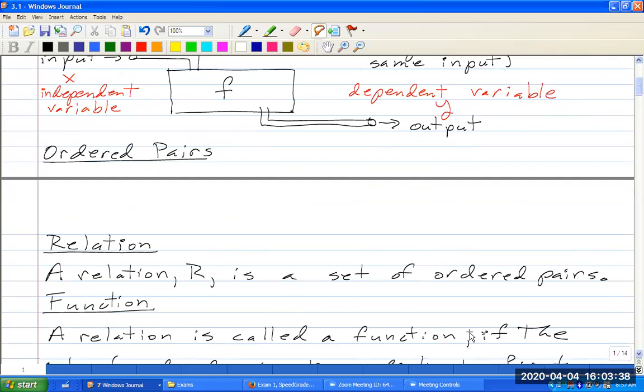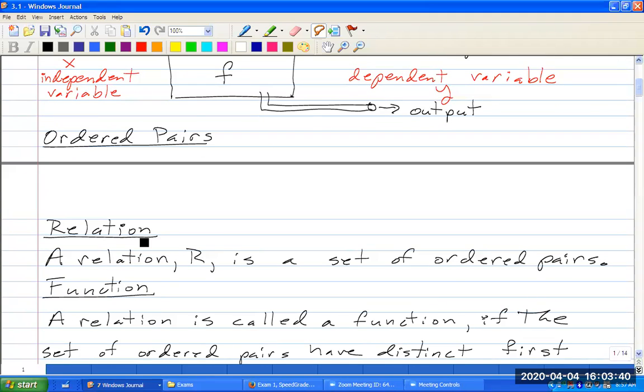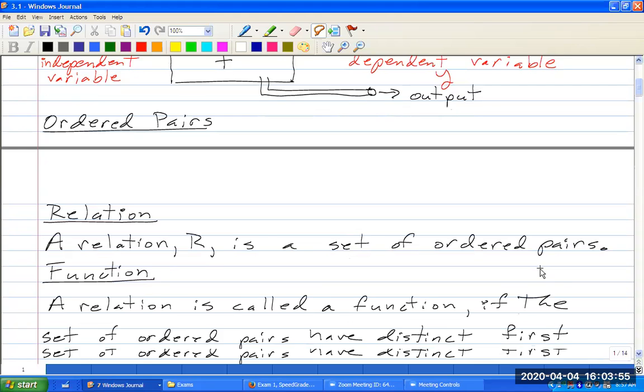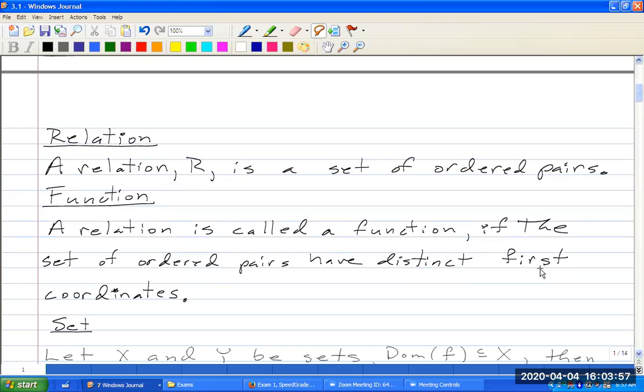Ordered pairs. So a relation, R, is just a set of ordered pairs. And it turns out that a function can be thought of as a special type of relation. A relation is called a function if the set of ordered pairs have distinct first coordinates.